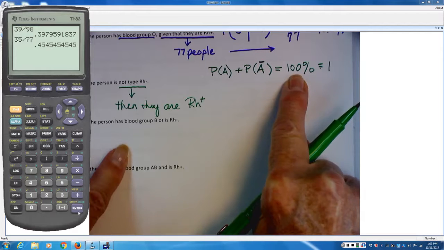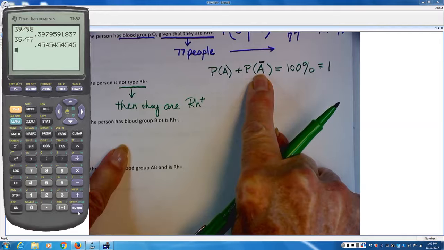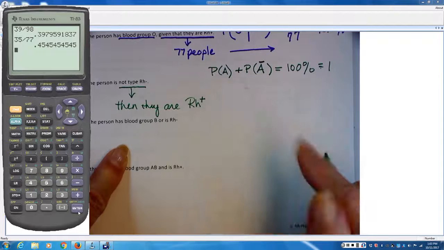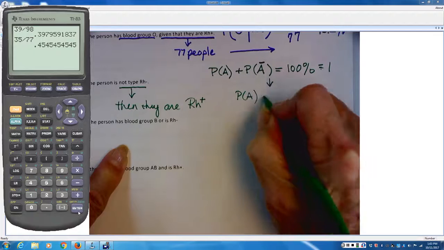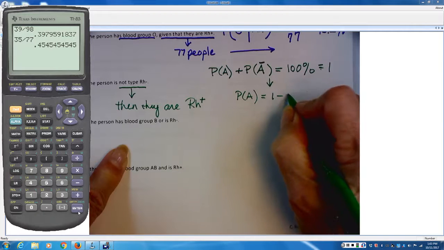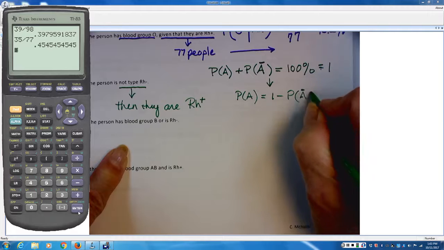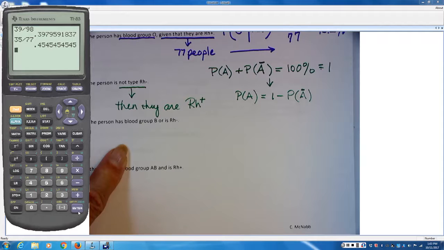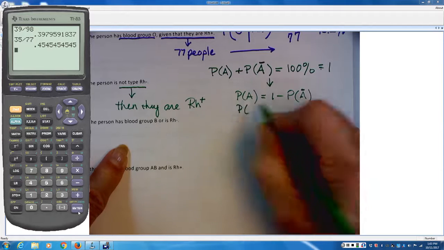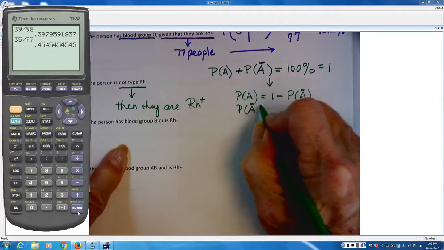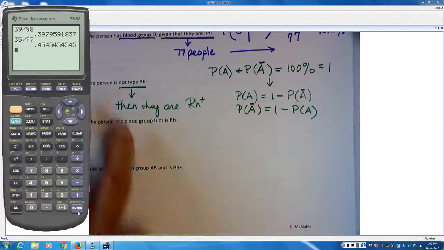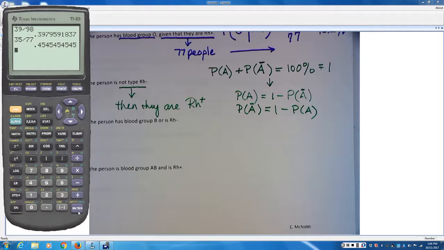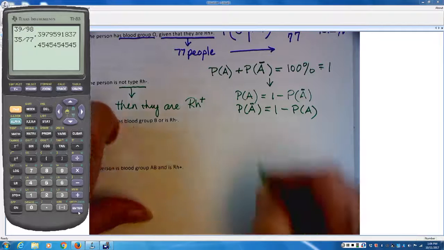And that also tells you that if you know this, you can find this. So from that rule, we get a rule that says you can find the probability of A by taking 1 minus the probability that you don't have type A. Or if you know the probability that you have type A, then you can subtract type A from 1 and find the probability you don't have it. That's because the sum of all probabilities is 1.